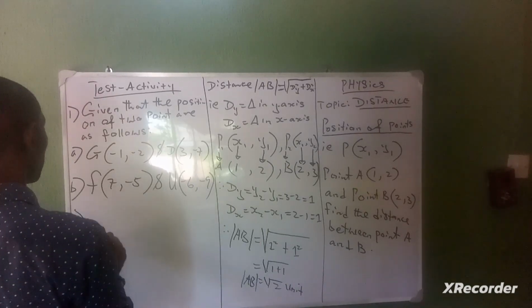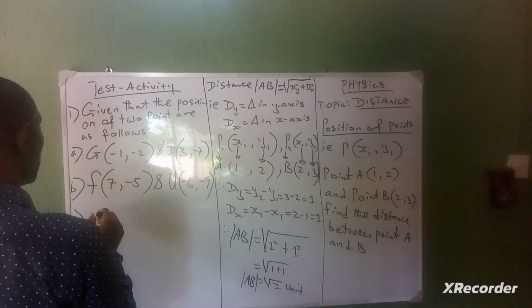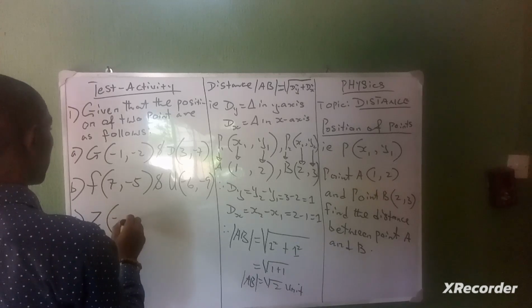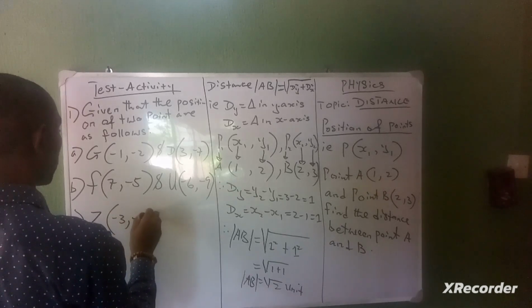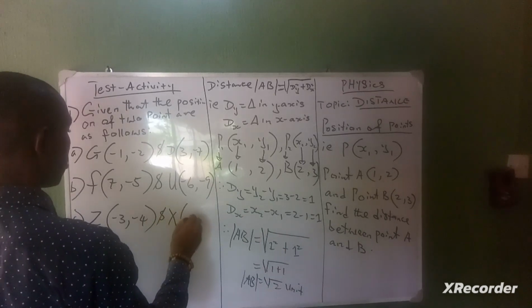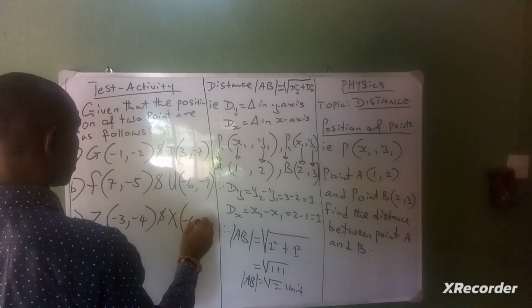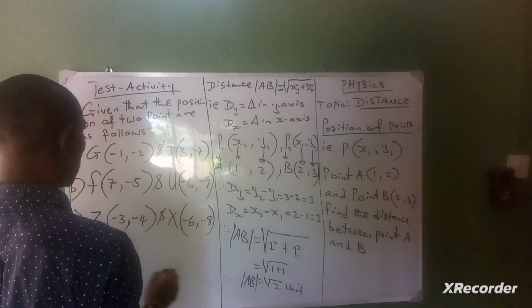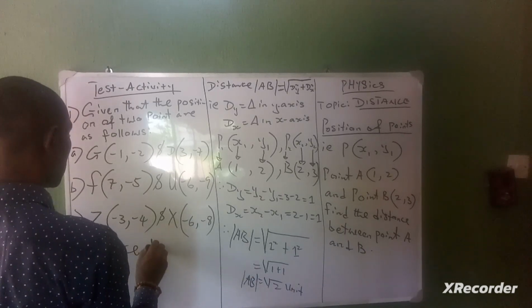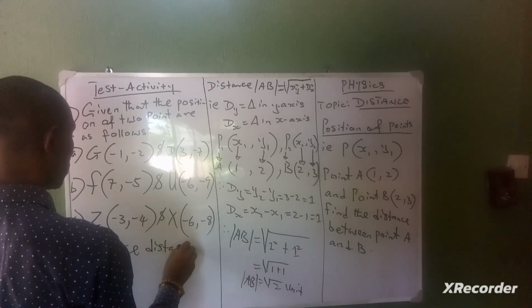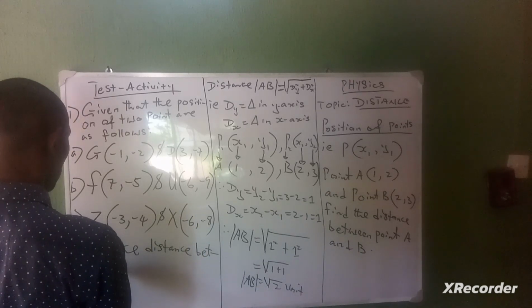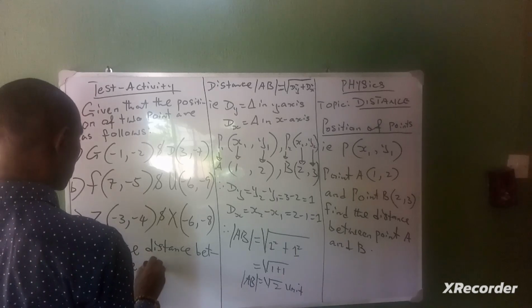Then you have C: Z (minus 3, minus 4) and X (minus 6, minus 8). So find the distance between the points.